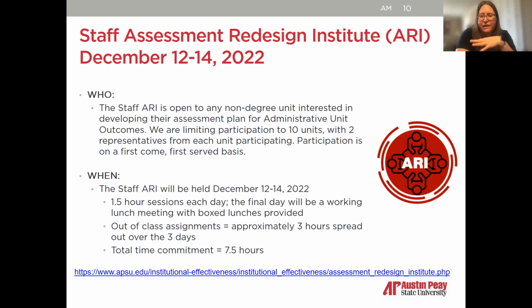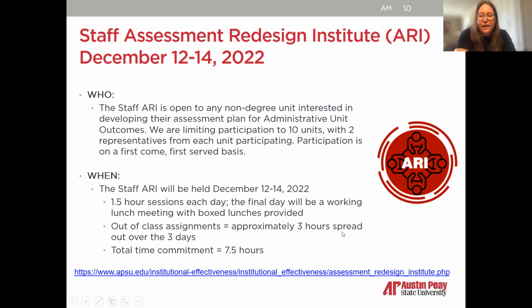And then on that final day, on the 14th, it will be a working lunch for us. We're guessing that it'll be about 7.5 hours worth of work for us, including those meeting times, and then a little bit of time outside to do some work together. So not a huge time commitment, but I do know that for many of us that is a commitment. So we wanted to be upfront about that.